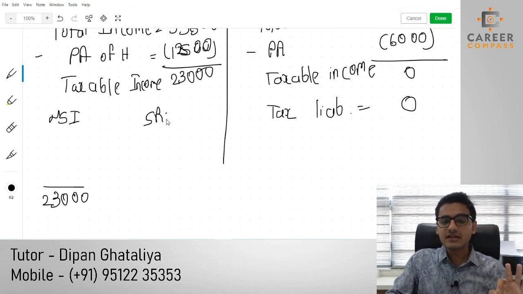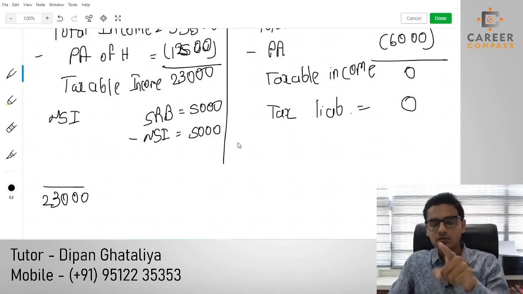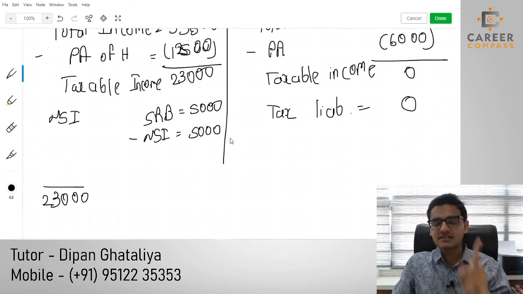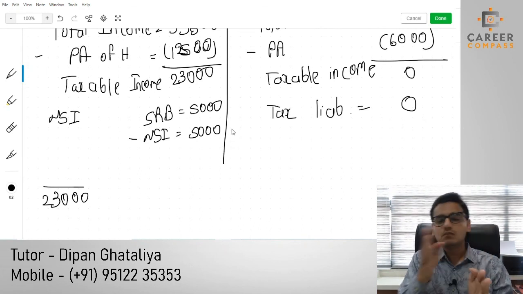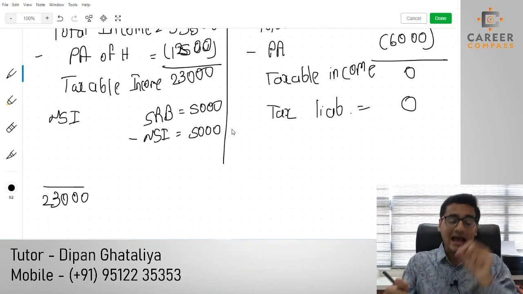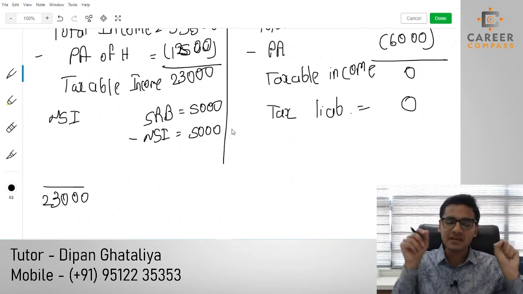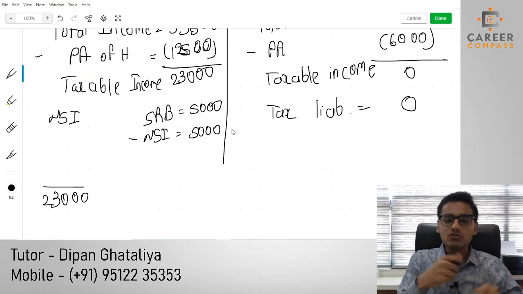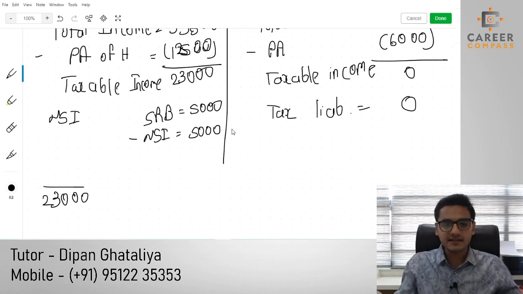First of all, we're going to utilize the starting rate band, which is £5,000, against non-savings income. Students, even if I know that this whole tax calculation is very easy, I am making a habit to prepare both the workings. Otherwise, I can directly apply a 20% tax rate on the 23,000. But I am making each and every calculation perfectly just so that I do not forget the whole system of calculating the tax liability.